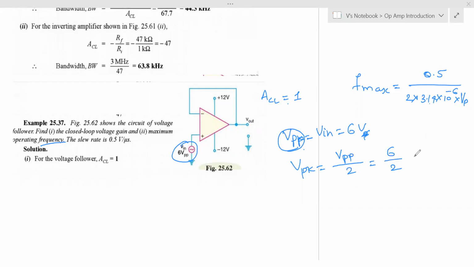So 6 divided by 2 equal to 3 volt. So we have to substitute here V peak value as 3 volt and solve. Just quickly calculate this. 10 raised to power 6 will be in numerator. कितना आ रहा है हर्ट्ज में बताओगे?